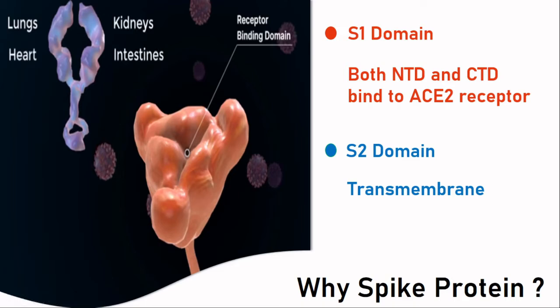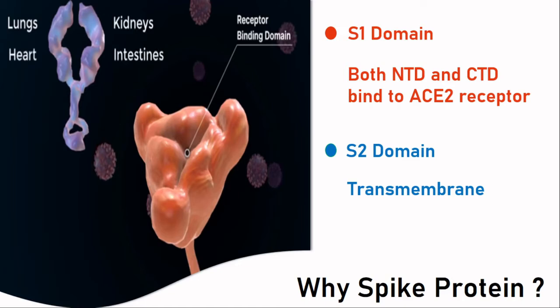That particular part is called the S1 domain, which has something called the receptor binding domain. So what is the receptor? It is the portion which will be present on the host cell, host meaning human in this case, and these receptors are going to bind to this, and because of this, adherence is going to take place.